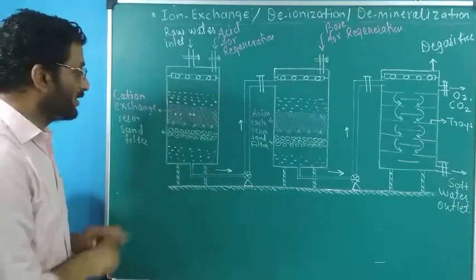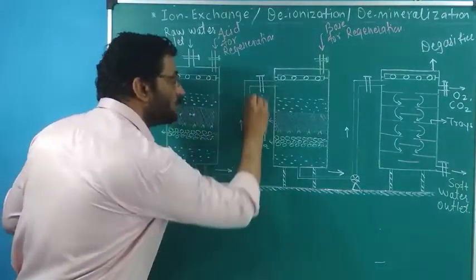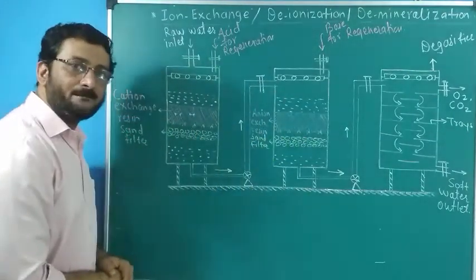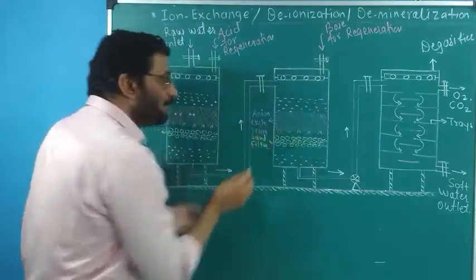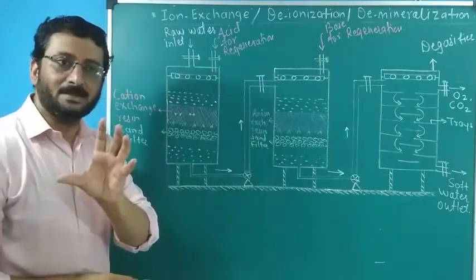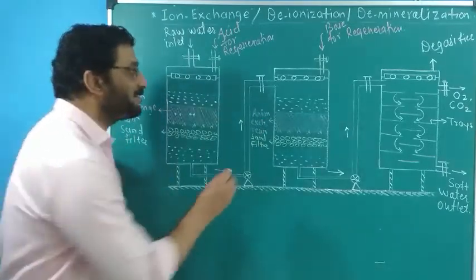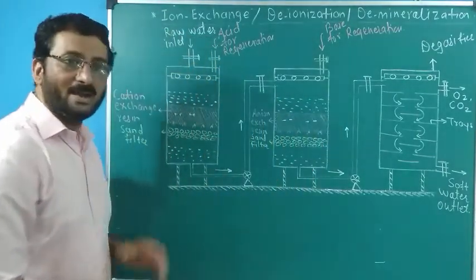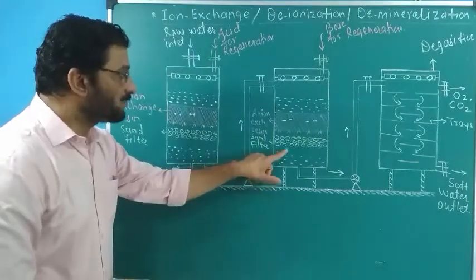The same water is allowed to pass through a pipe into the second container, which is fitted with a bed of anion exchange resin. That traps or holds the soluble anions, along with the sand filter.